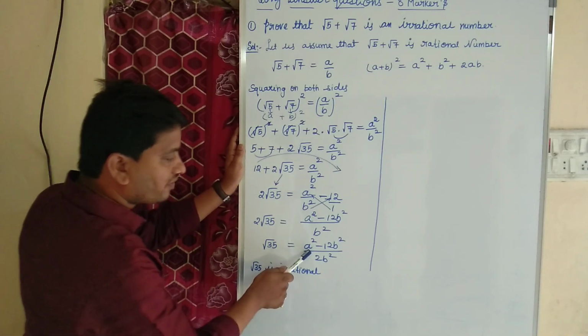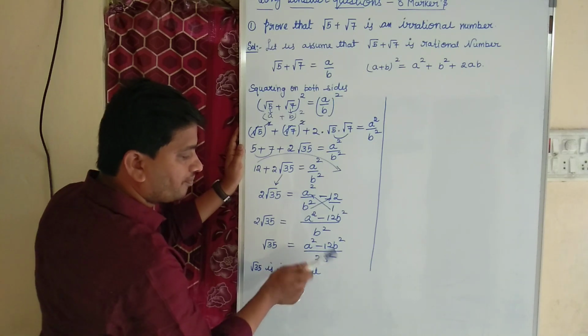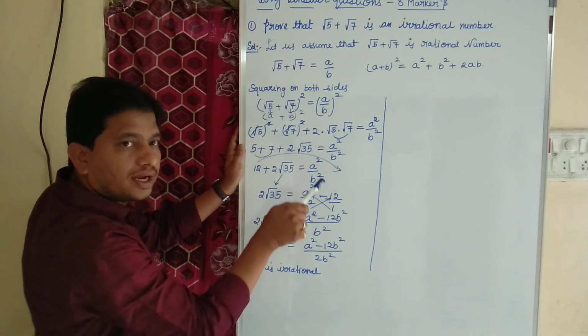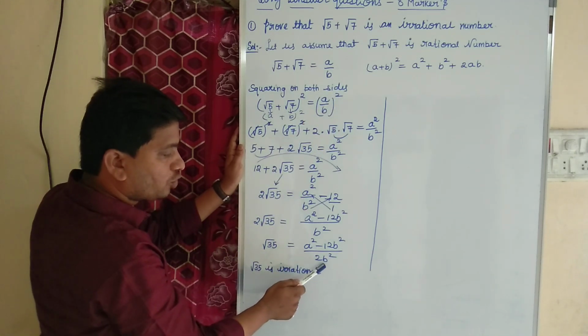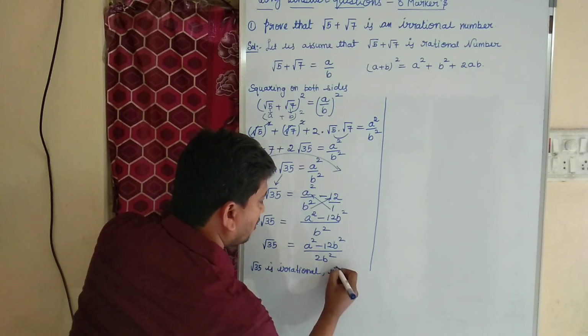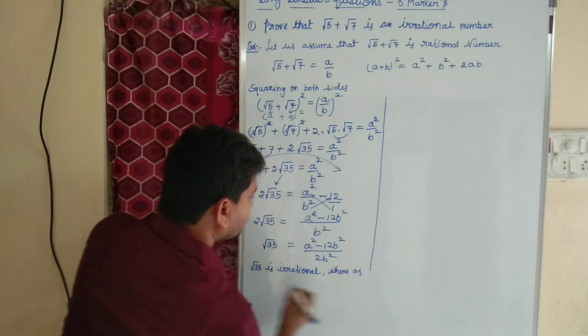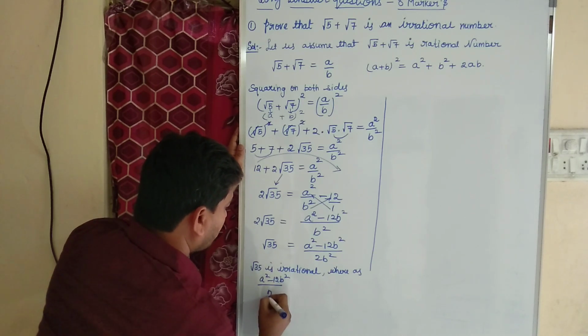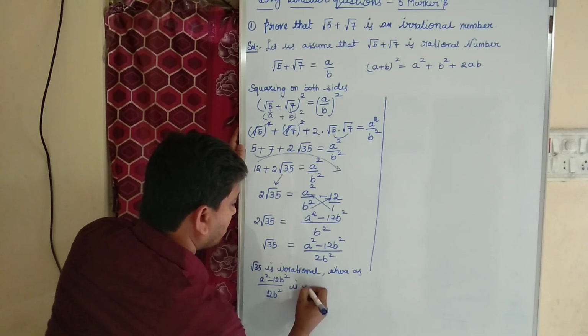What about a square minus 12b square by 2b square? If a by b is rational, then a square minus 12b square by 2b square is rational. Root 35 is irrational, whereas a square minus 12b square by 2b square is rational.